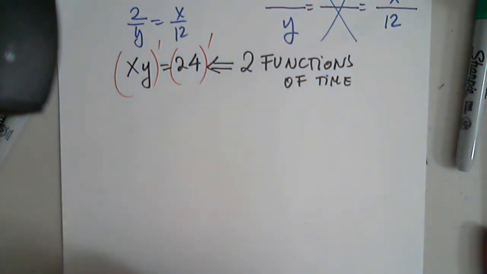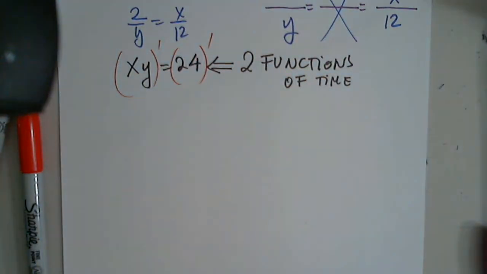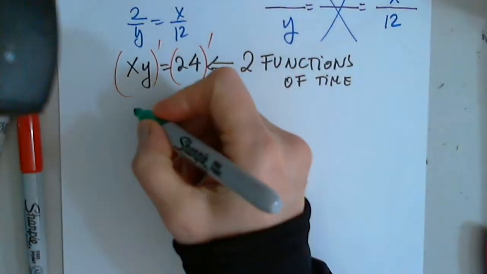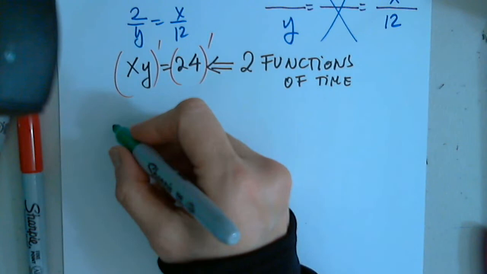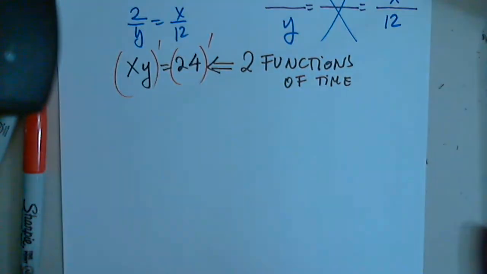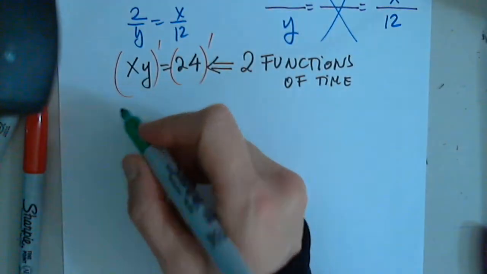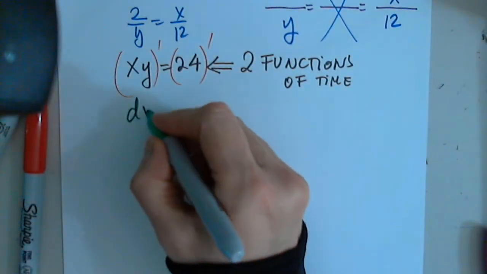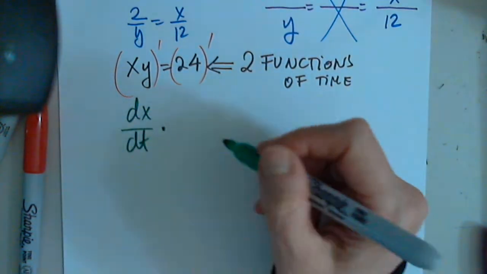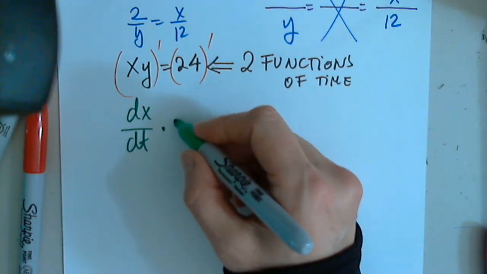Anyone? So we're going to use the product rule on XY. Ready. So, let's see, 1. So the derivative of x times the derivative of y.